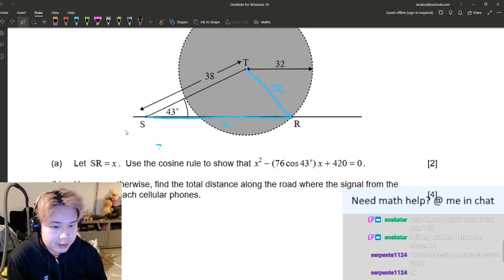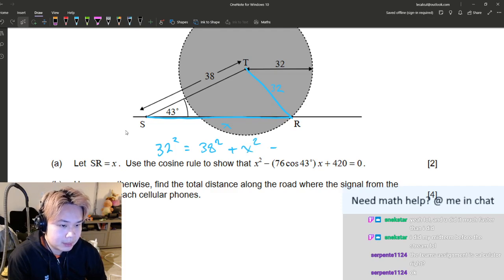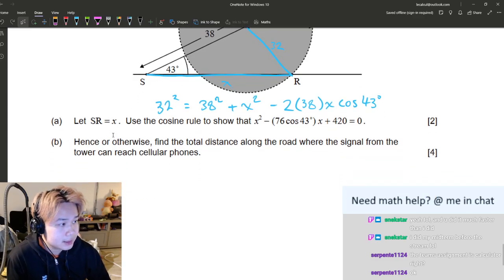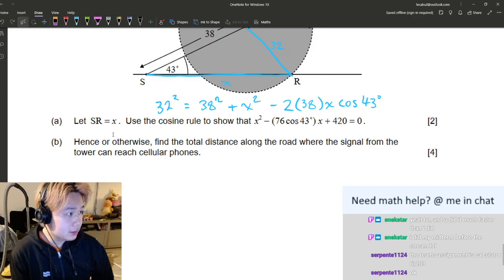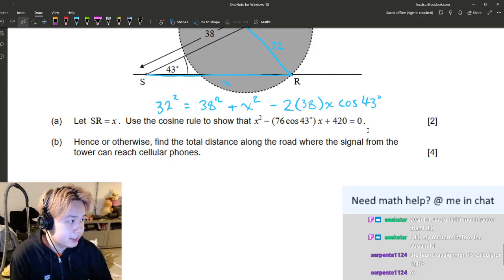So this means that 32 squared is equal to 38 squared plus x squared minus 2 times 38 times x times cosine 43. I got lost in the sauce. Okay, and then I'm sure if you rearrange this, you'll get this.